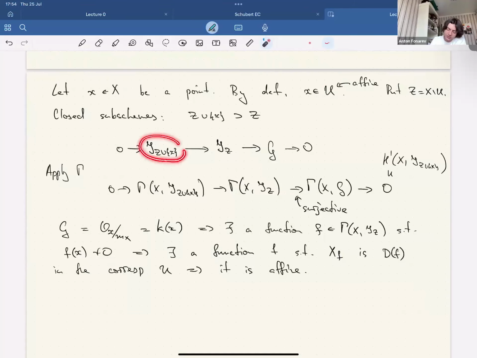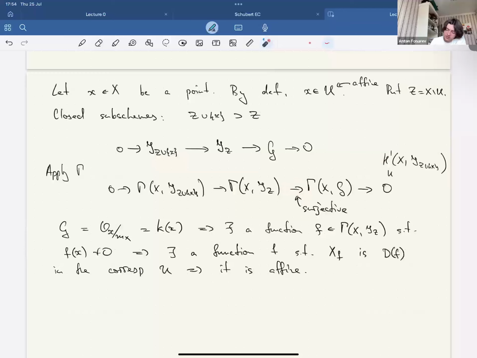Well, we consider another closed subscheme. We take the union of Z and X, and the quotient of the ideal sheaf of functions vanishing at Z by those functions vanishing both at Z and X gives you the fiber of the structure sheaf over the point X. So this is just the residue field at the point X. Now, since H1 of the ideal sheaf of Z union X vanishes, the map here is surjective.